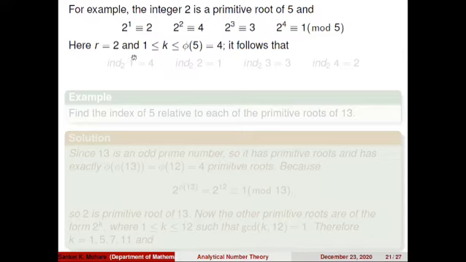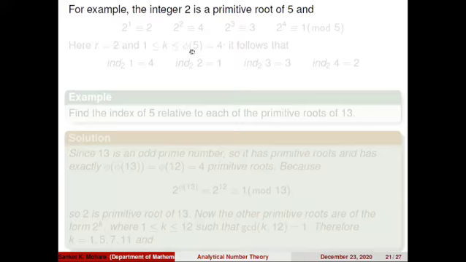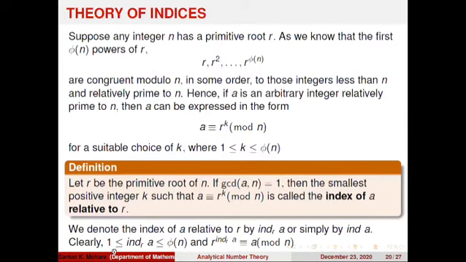And our index, that is the smallest positive integer k, lies between 1 and phi of 5 by definition. Look here, 1 is less than or equal to index of A is less than or equal to phi of n. Index of A is equal to some smallest positive integer k, so 1 is less than or equal to k is less than or equal to phi of n.